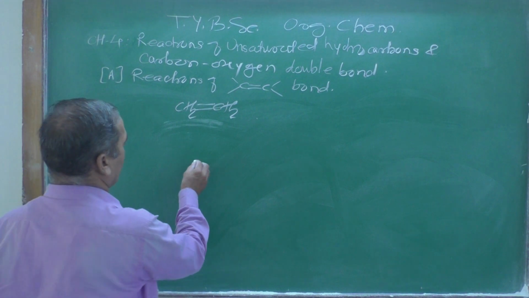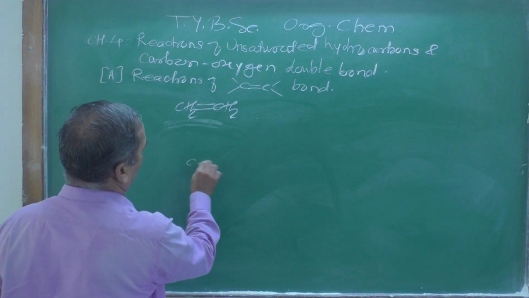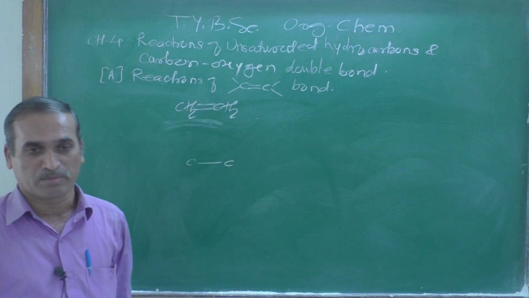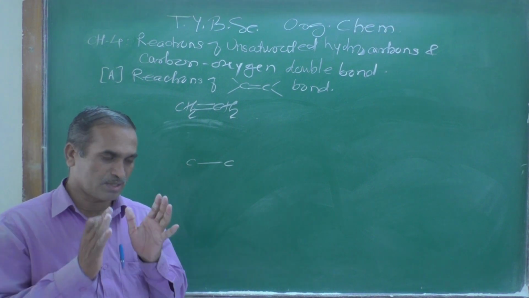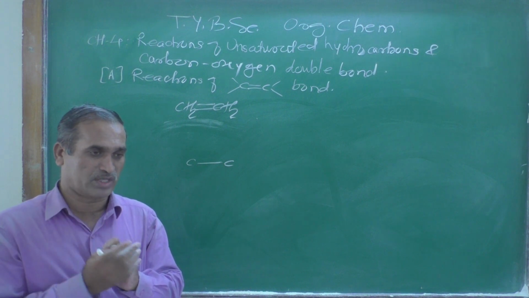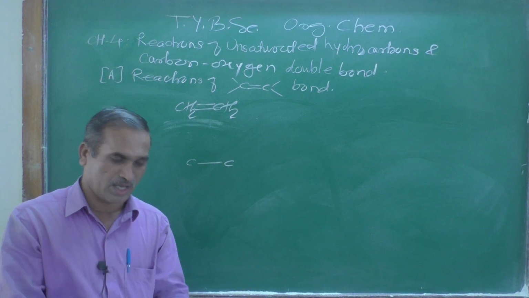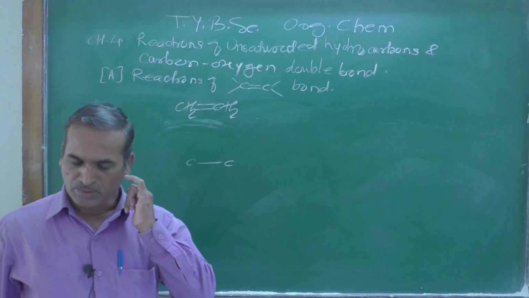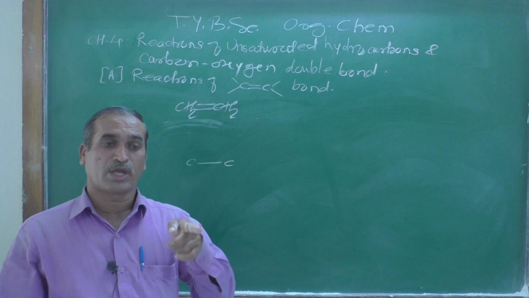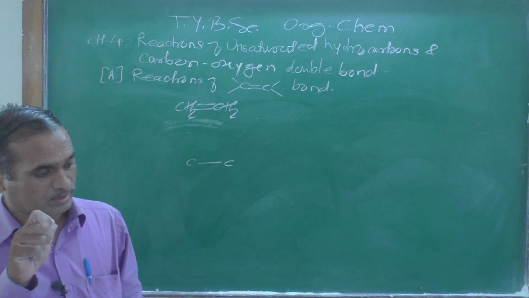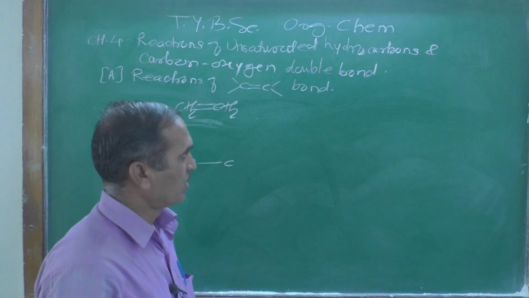Now when the carbon-carbon double bond is there, this is supposed to be a substrate, and the substrate also has two natures. Suppose you take that carbon-carbon double bond, do you think it is electrophilic in nature or nucleophilic in nature?